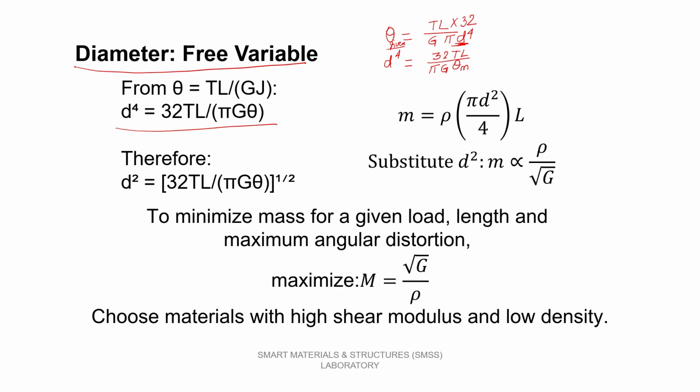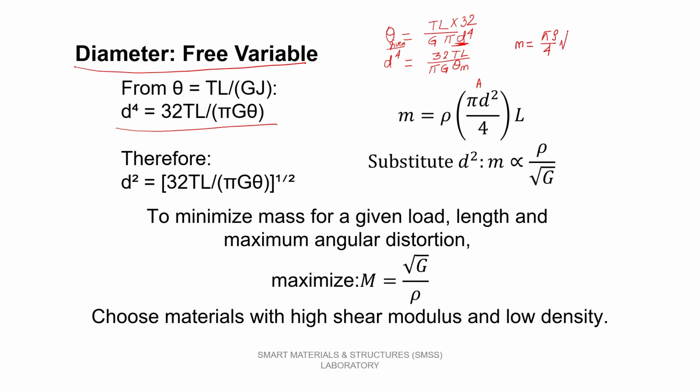So, that means in the area A, I can substitute pi d square by 4 times L. So, I can substitute that expression of d square here, and if I do it, then what happens? Let us just try to do it on the board here. Okay. So, we have some space here to do it. M equals, now you have pi rho by 4, and then you have d square, that d square we have already talked about.